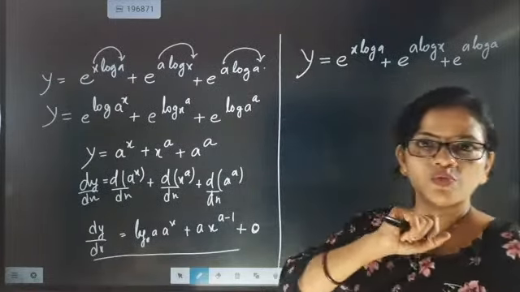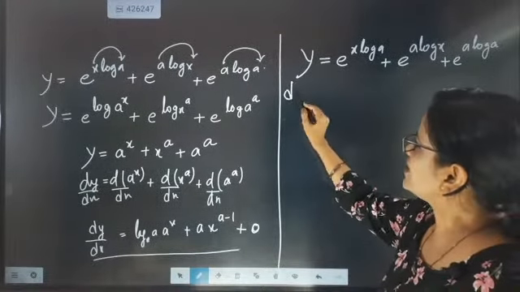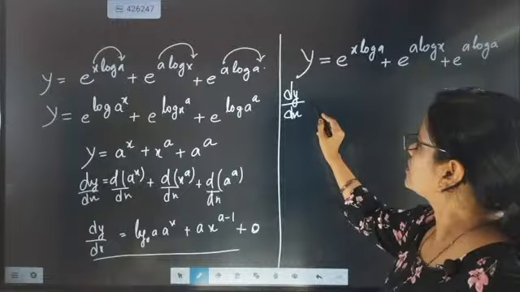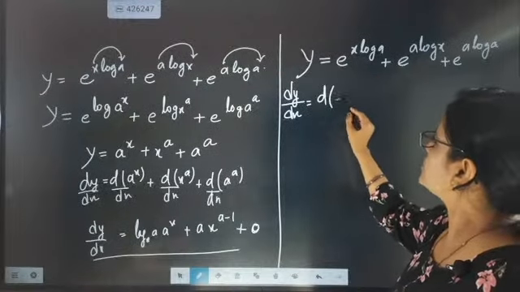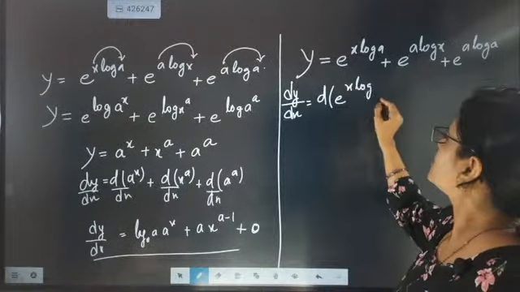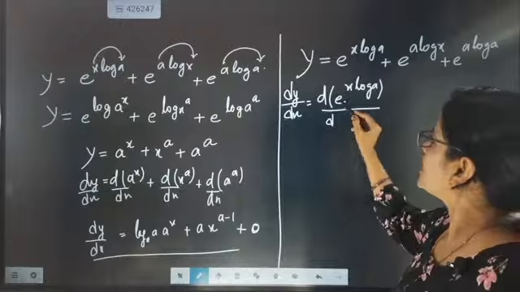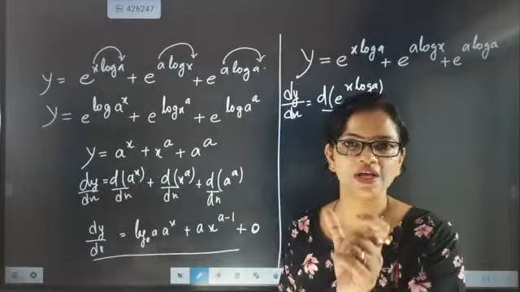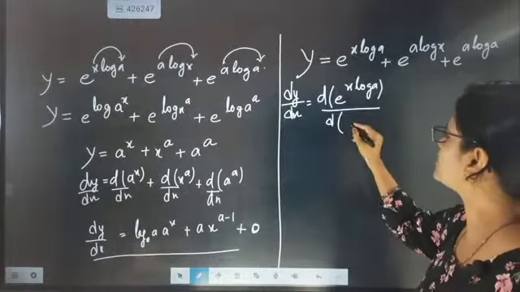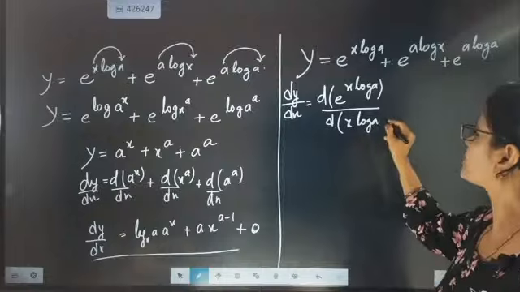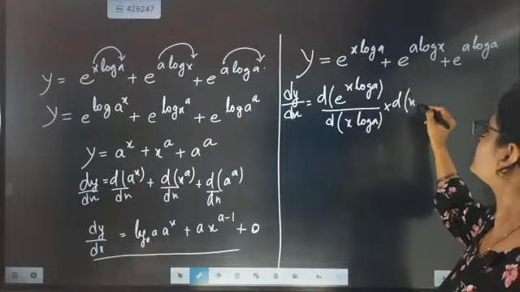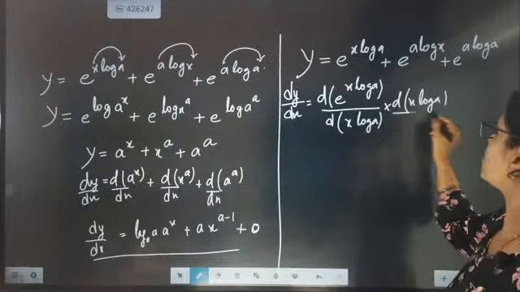Now most important, differentiate. Direct differentiation you start. Then this part will become differentiation of e to the power x log a. Now exponential to the power whatever is there, that will become the derivative. So that means e to the power x log a into differentiation of x log a dx.